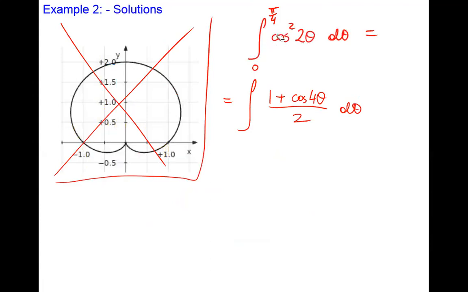If this is sine square, the difference is minus, but always is the cosine function for both of them. And we can see 2 theta was the half angle, which now I have to put 4 theta. Okay, let's see. I will put 1/2 outside, 1 plus cosine of 4 theta. Let's integrate.